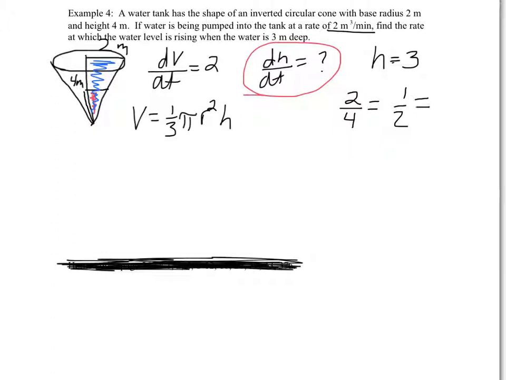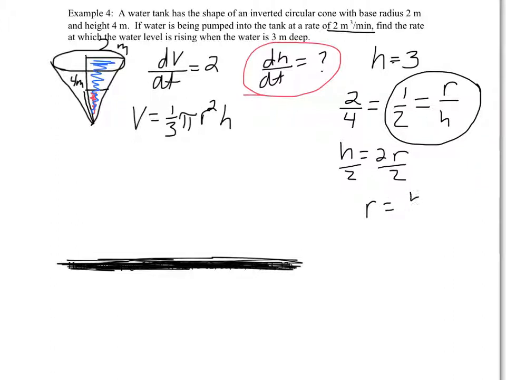And then I know that my generic radius and height are 1 to 2. So if I solve this for r, I'm going to have, if I do my cross products, h equals 2r. So if I divide by 2, I'm going to have r equals h over 2.